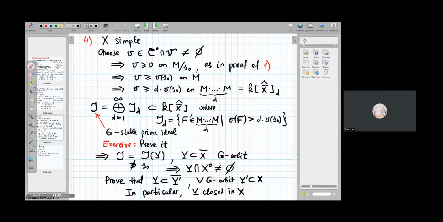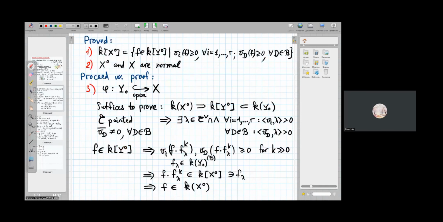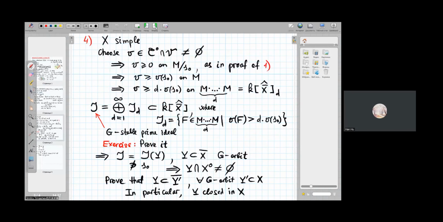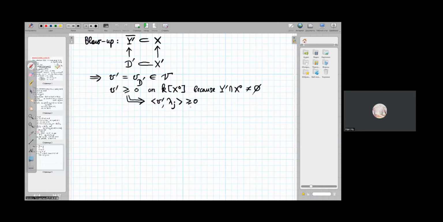Just because they satisfy all these inequalities. So we have these inequalities here for any j from 1 to n.